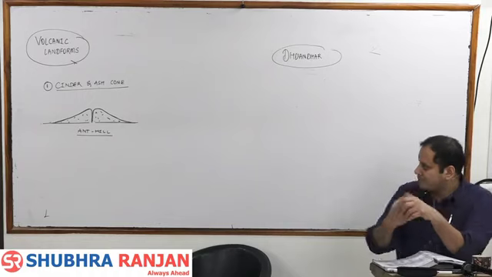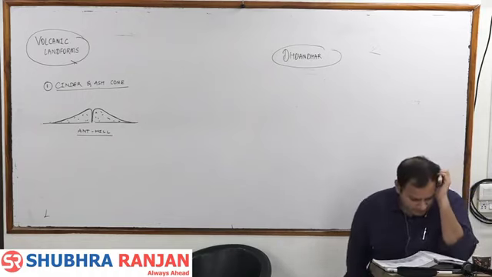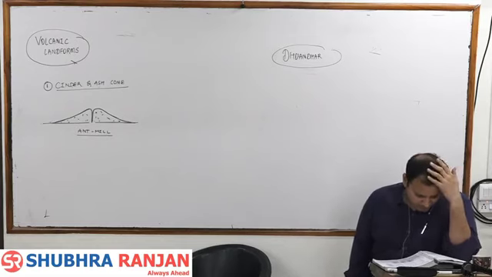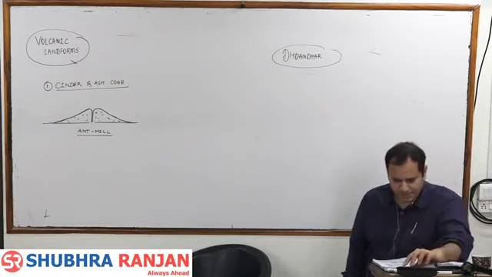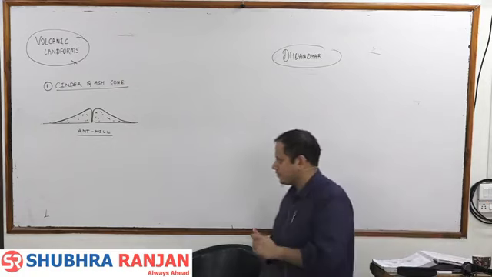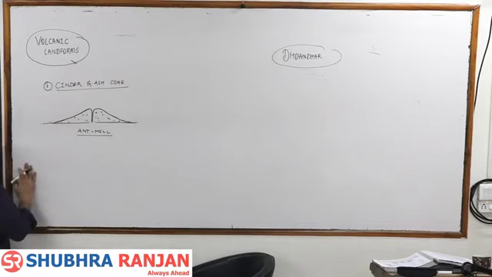So, cinder and ash cone, they are only made up of loose fragmented stones, comma ash and cinder मतलब कुछ नहीं, stones only.